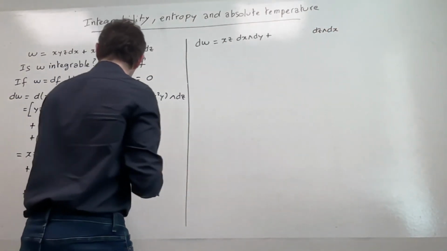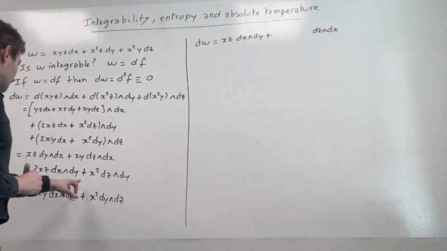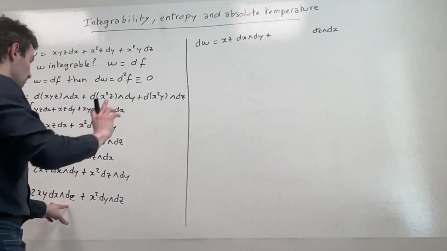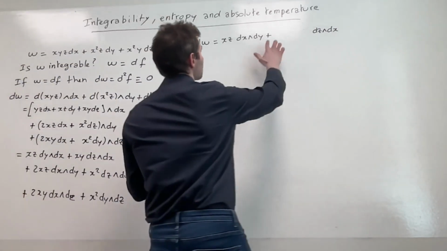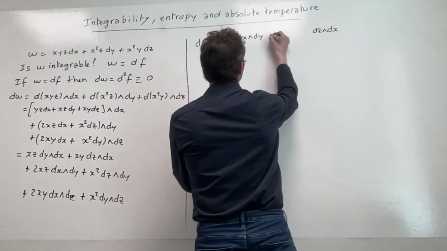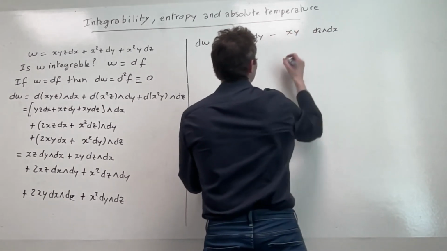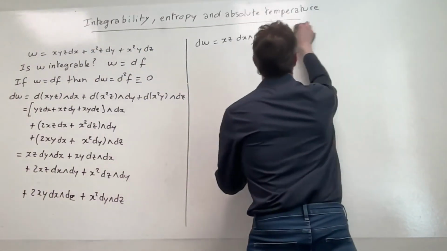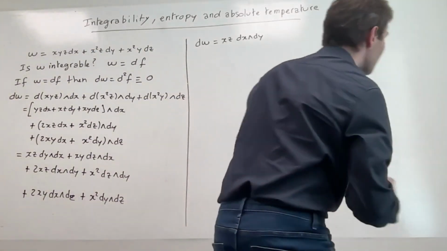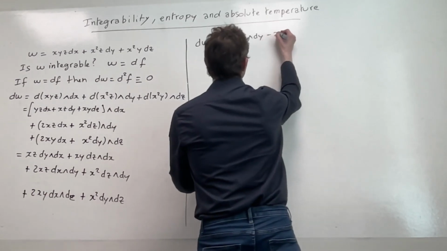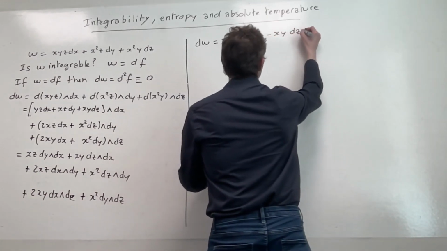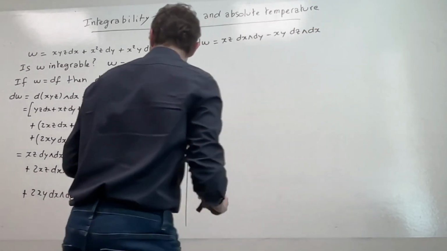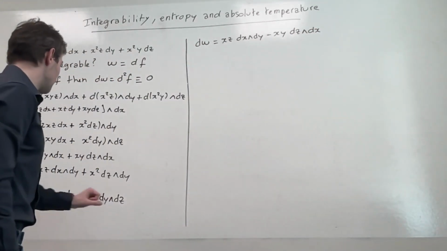We've got xy here, and here we've got 2xy. We need to swap that, so actually there's going to be a minus. So that's minus xy dz dx. And then finally, we have the dy dz.